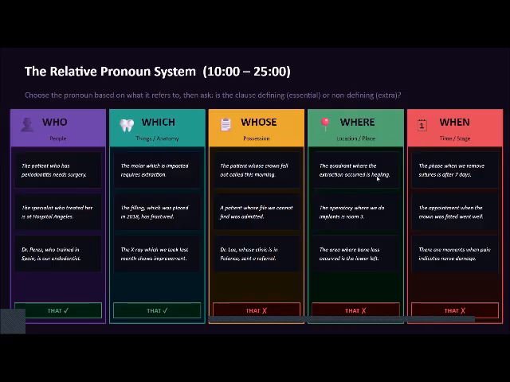Healing. If you see two vowels together, the first vowel will be the stronger one. Healing. The operatory where we do implants is room 3. Good. The area where the bone loss occurred is the lower left.